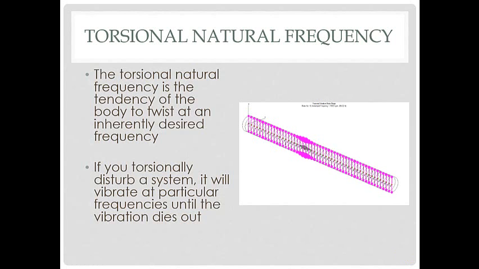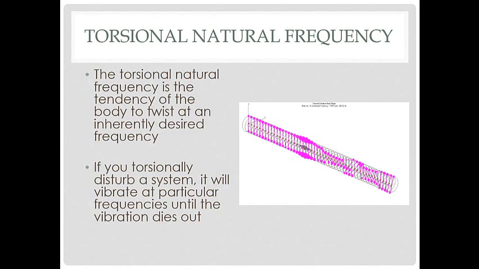the particular body. And one way of thinking about torsional frequencies is, if you go up to a machine or any structure and you hit it really hard, it'll vibrate for a while and then it'll eventually settle down.